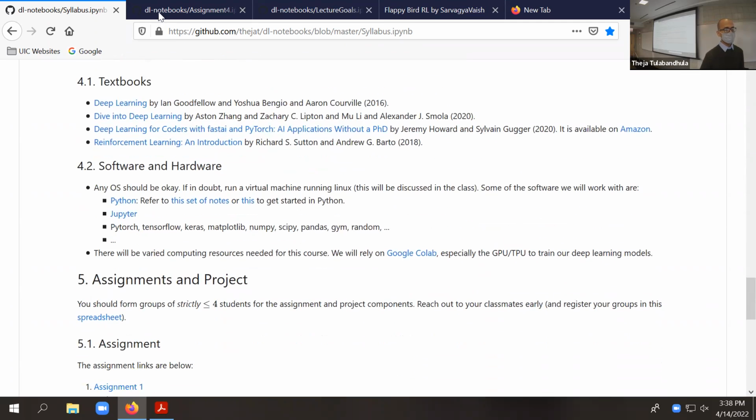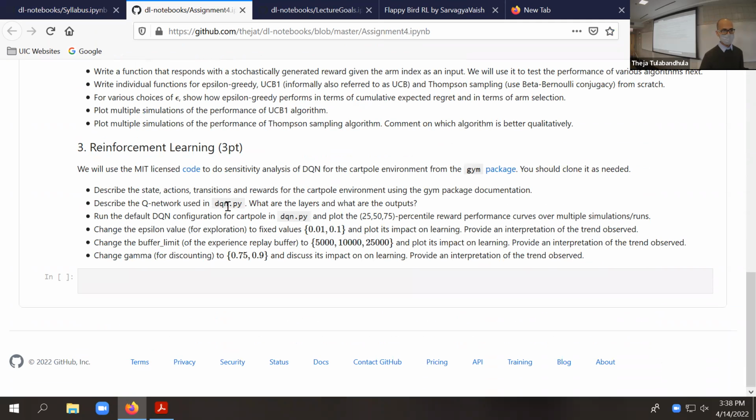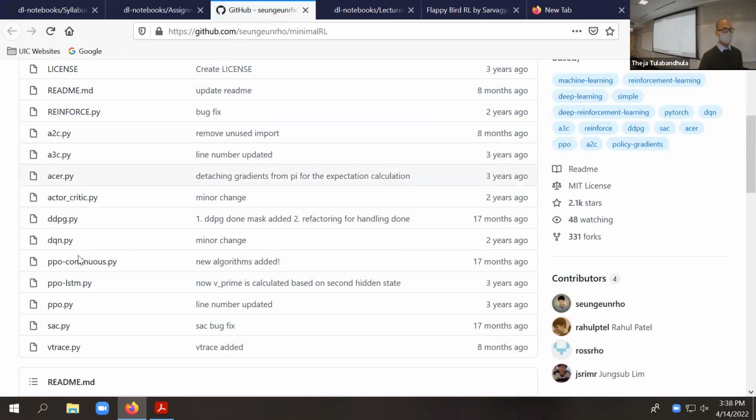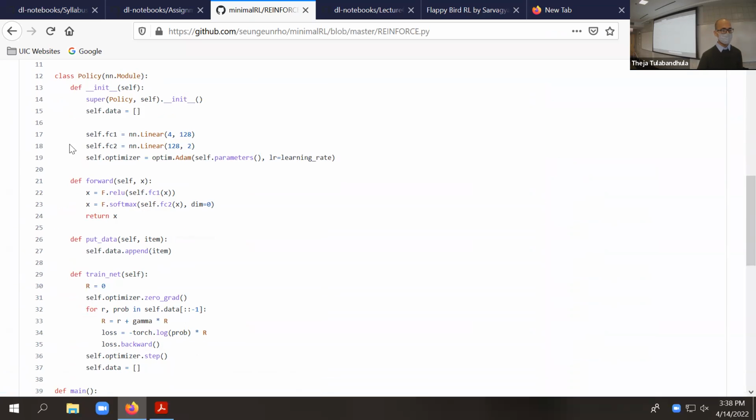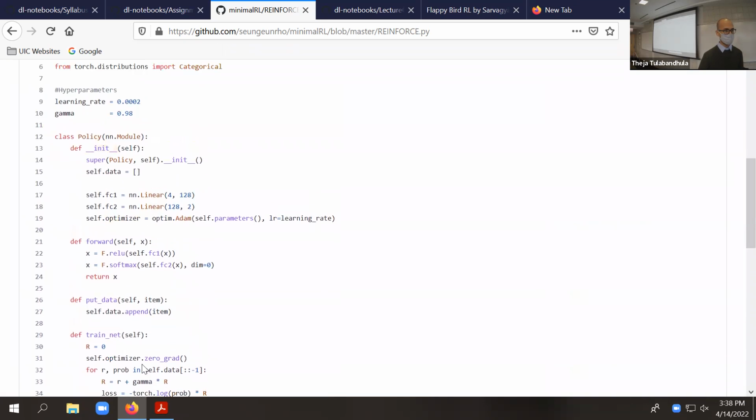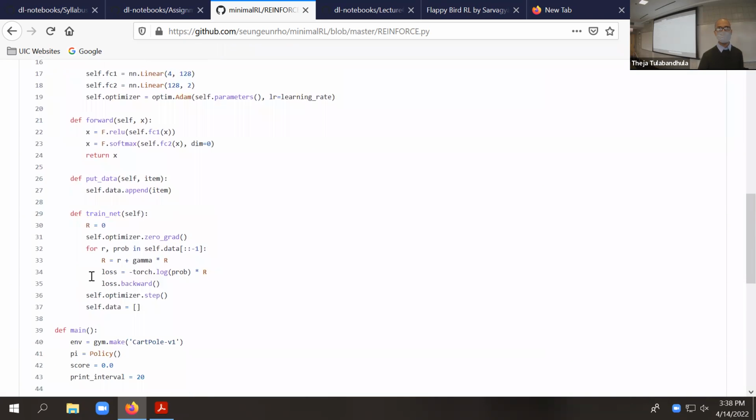I just briefly mentioned this last question is what we're going to cover today. You can look at the code, and the code actually has other algorithms implemented for the same CartPole environment. You can try them out as well. For example, the REINFORCE algorithm is very short, just a 20-line code, so you should be able to get a sense of what it does by just looking at the code.